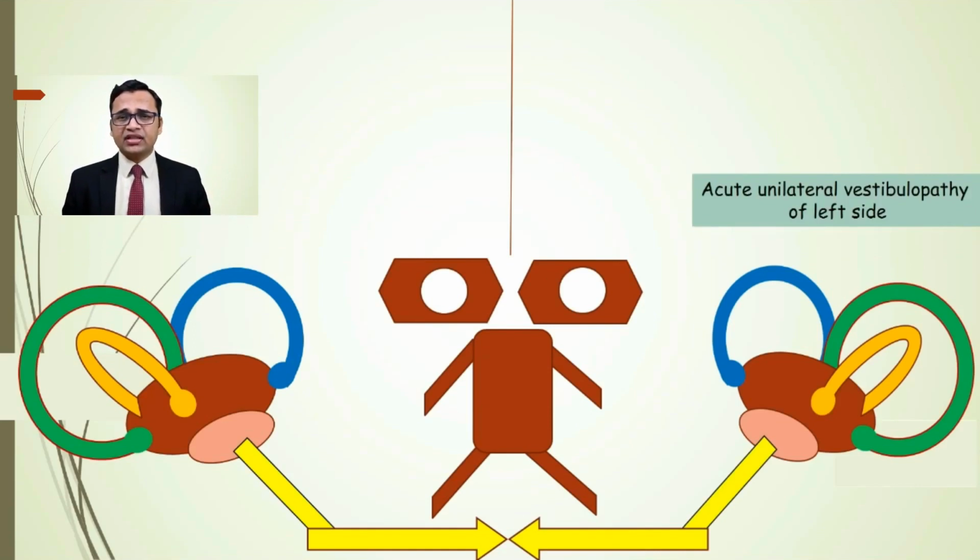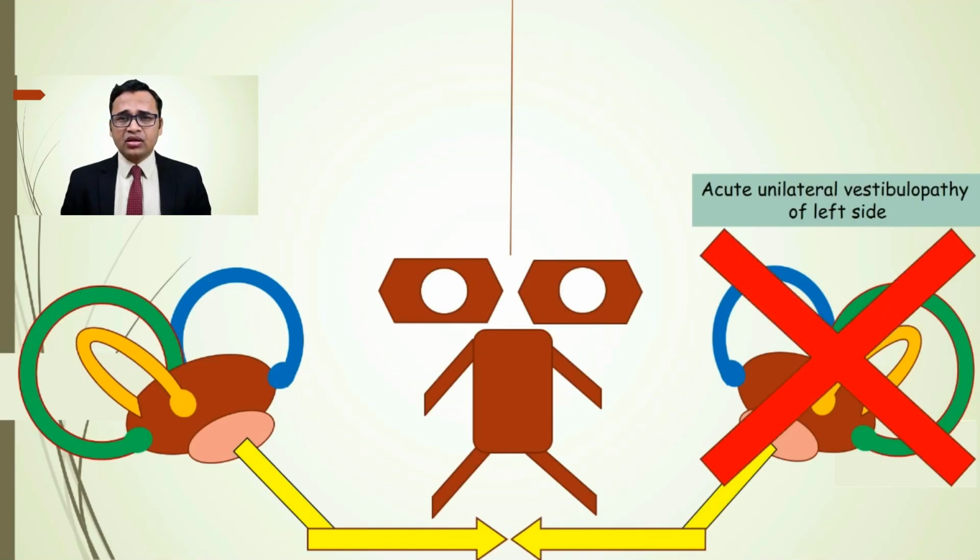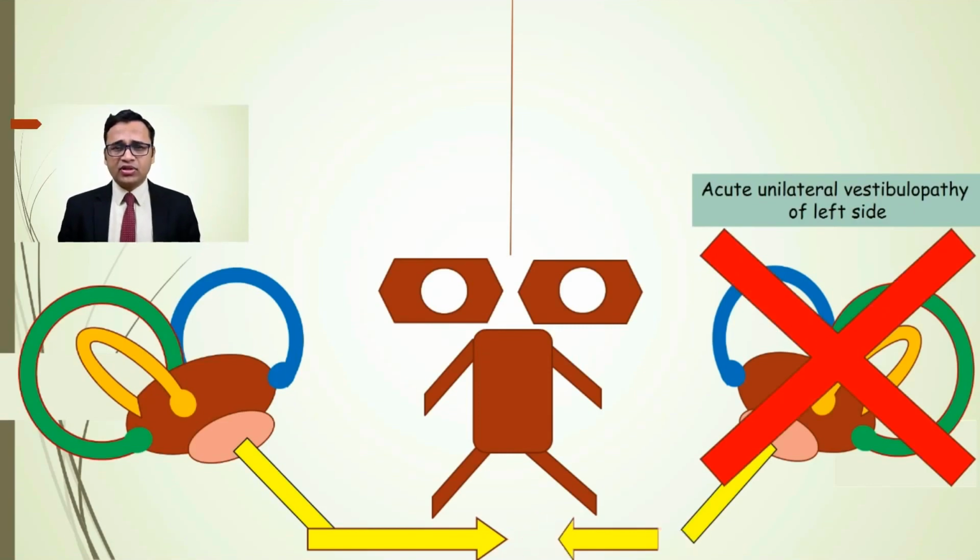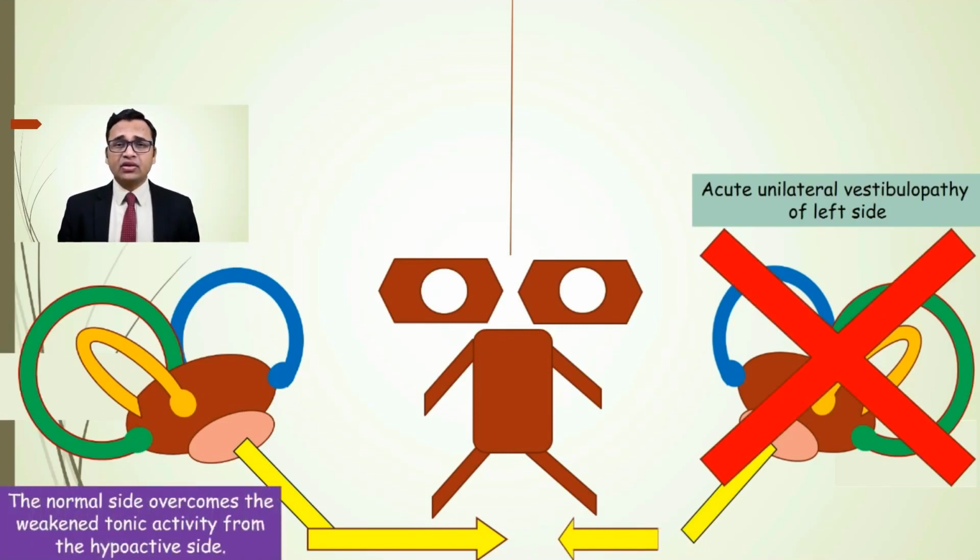Suppose the patient has unilateral vestibulopathy on the left side. The vestibular output from the left side reduces and the vestibular output from the right side overpowers the vestibular output from the left side.